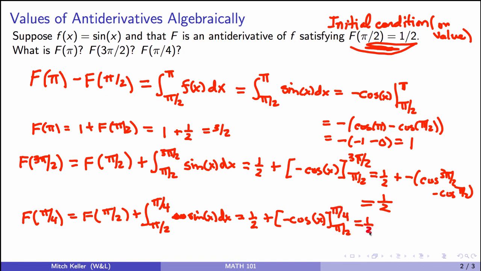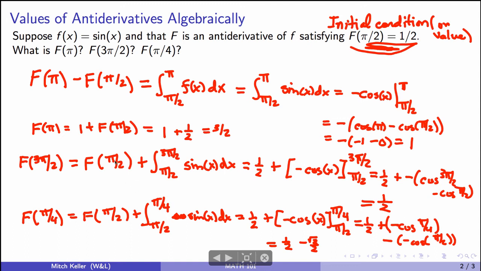Now this is a half, and then we've got plus minus cosine of pi over 4 minus cosine of pi over 2. Cosine of pi over 4 is root 2 over 2, and this piece is 0, so that whole thing is a half minus root 2 over 2.